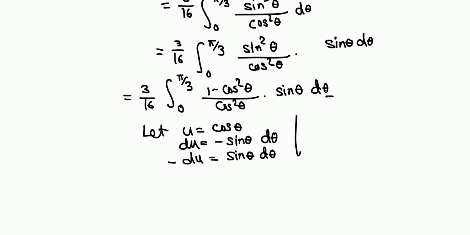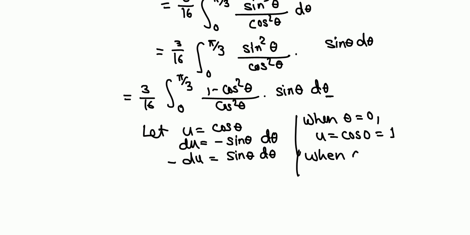So when theta equals 0, go to the original substitution, u equals cosine theta. So u equals cosine 0, and cosine 0 is 1. And when theta equals the upper limit pi over 3, u equals cosine pi over 3, and cosine pi over 3 is 1/2.